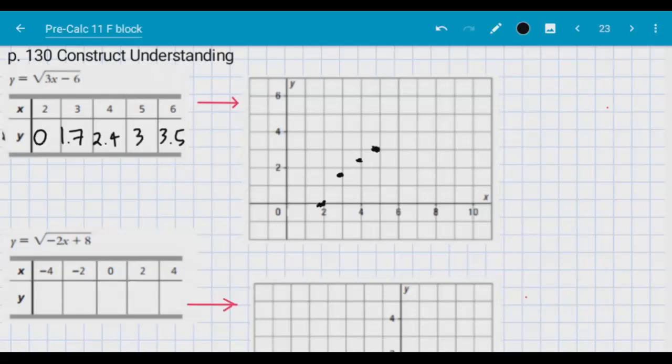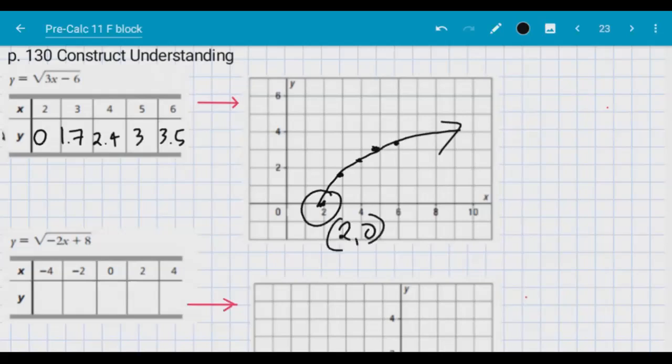And if x is 6, y is about 3.5 right here. And then we can connect them. It's not a perfect curve, but more or less that's what it is. And here the answer is given by this x-intercept, which is again the point 2, 0.